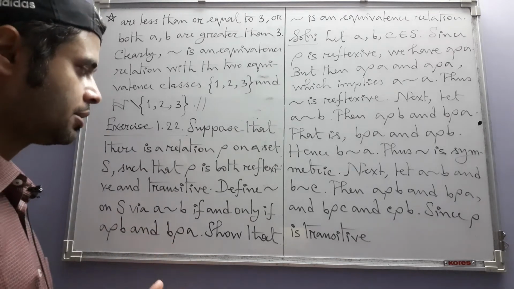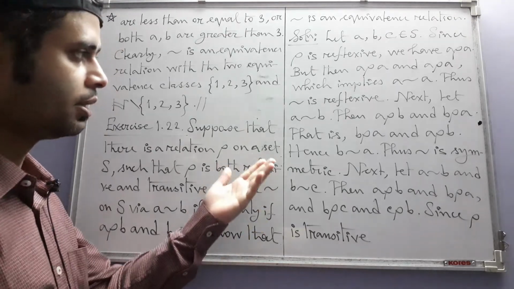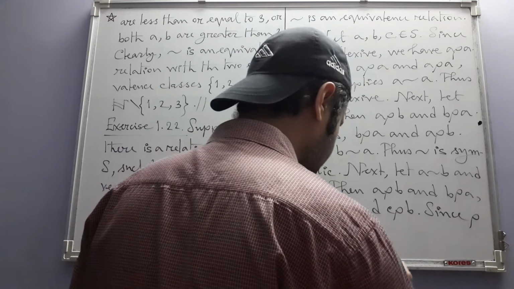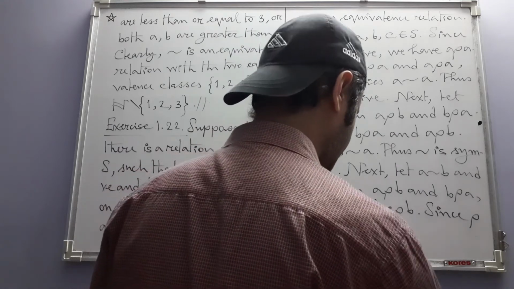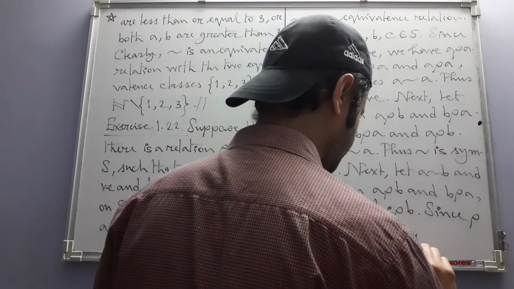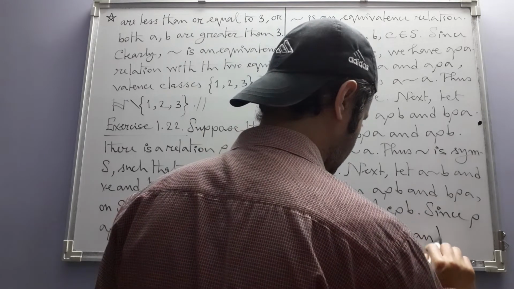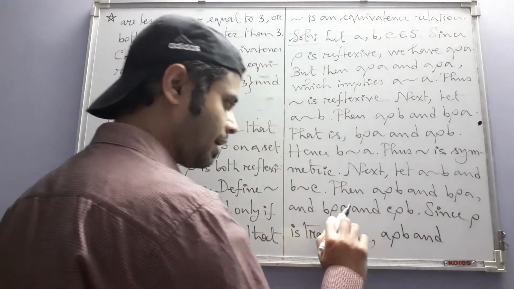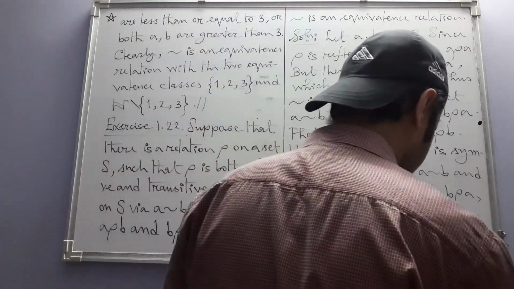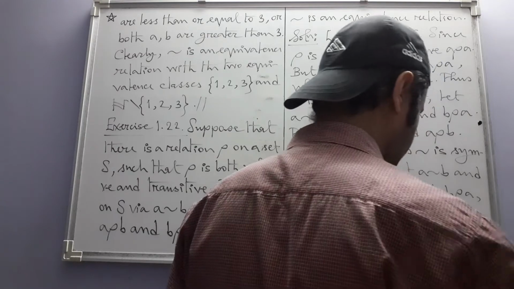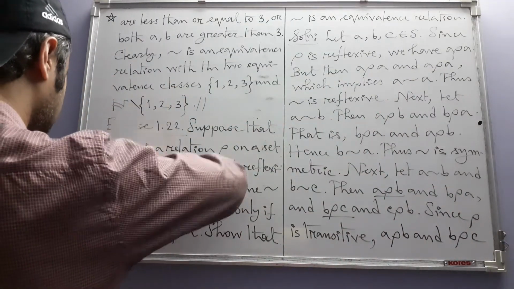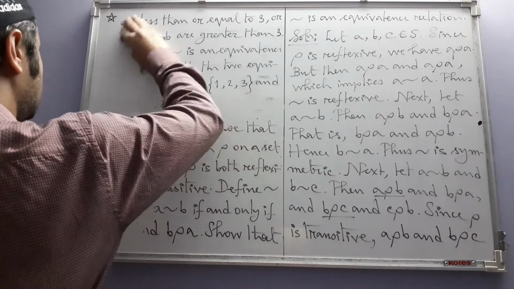Symmetric, rho is symmetric or not, that is not given, and we don't need that anyway. So because rho is transitive, we have A rho B here and we have B rho C. These two things imply that A is rho related to C.